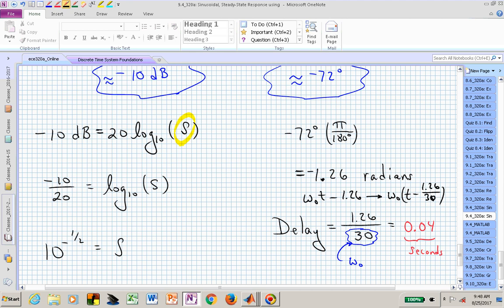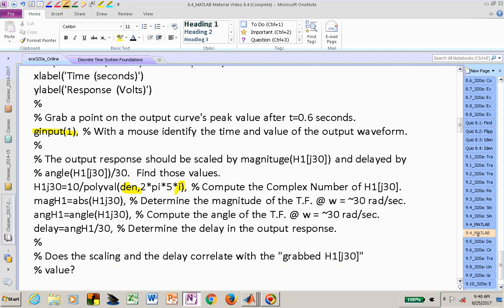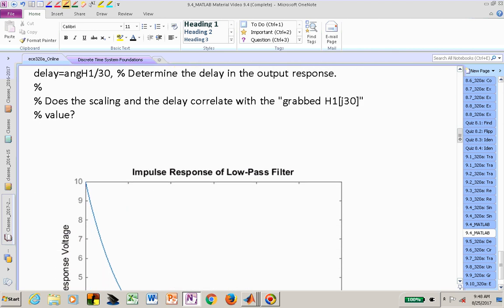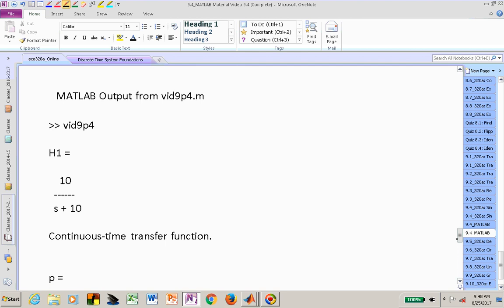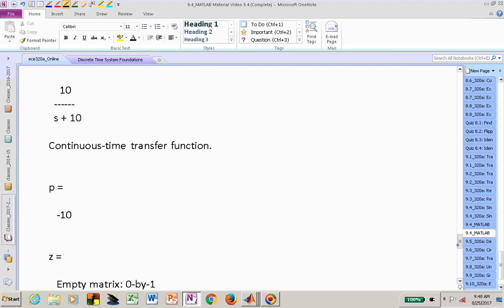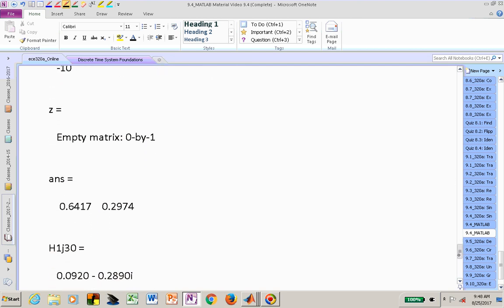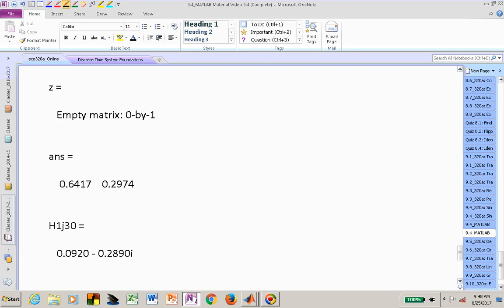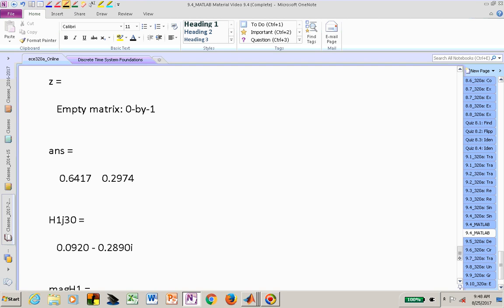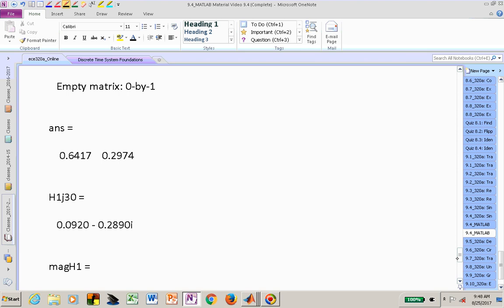And if I go back to MATLAB, here are the actual results of executing that script file. Here's the transfer function, there's the pole, no zeros, and then there are the values from when I clicked on this particular location.